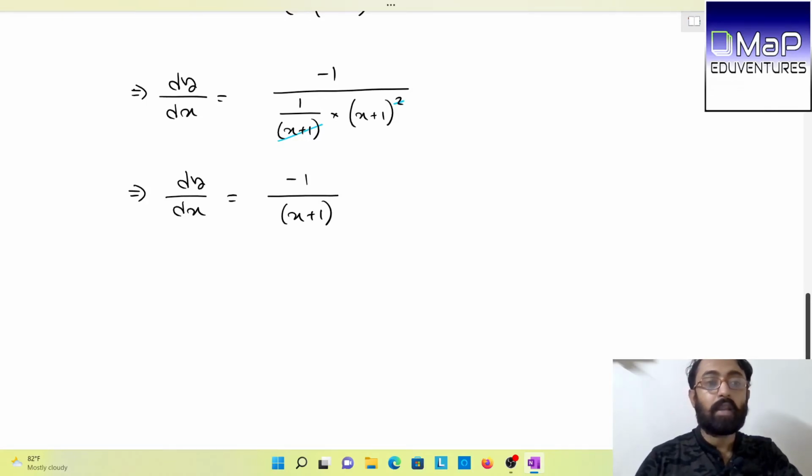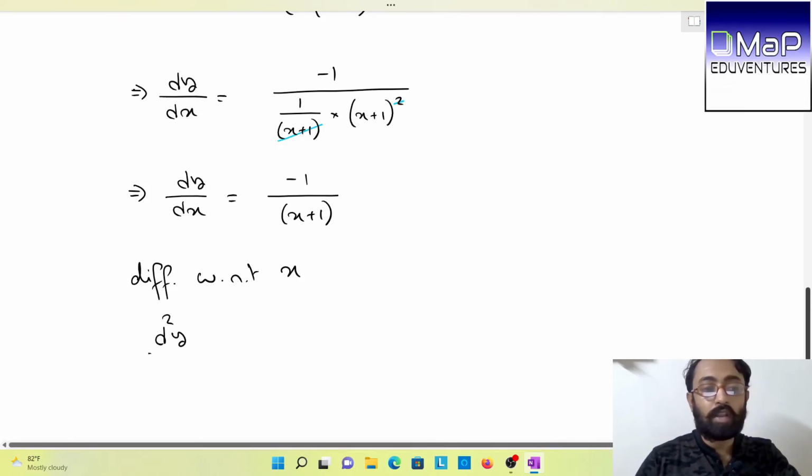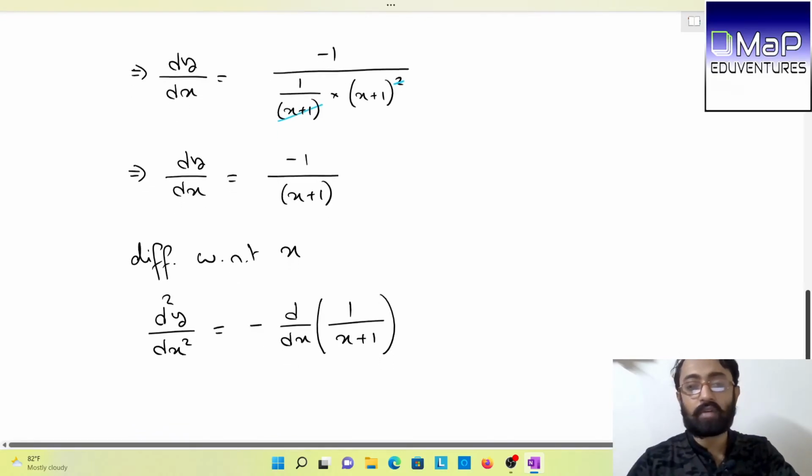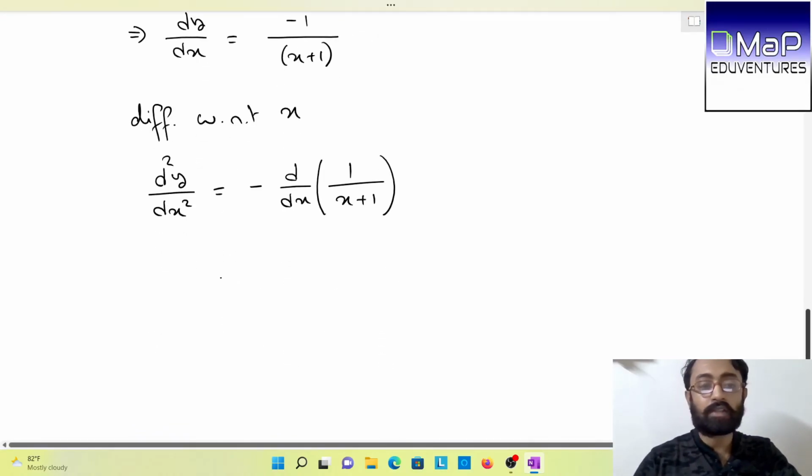Now we will differentiate this a second time. Differentiating the second time, the left hand side becomes d2y by dx2, and we will have minus of d/dx of 1 by x plus 1. The minus I keep outside, because differentiating minus has no meaning and would be unnecessary lengthy.